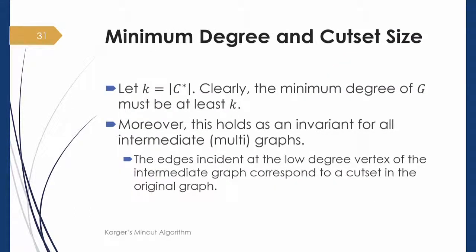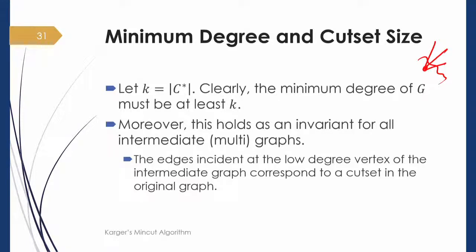Let us say the cardinality of C star is some k. Clearly, the minimum degree of G must be at least k. Why? Because if the minimum degree was something less than k, then you have a smaller cut. So, for example, if k is 5, but if one of the vertices has degree just 3, well, that is a contradiction, because you have a cut of just size 3. So, the minimum degree of G must be at least k.